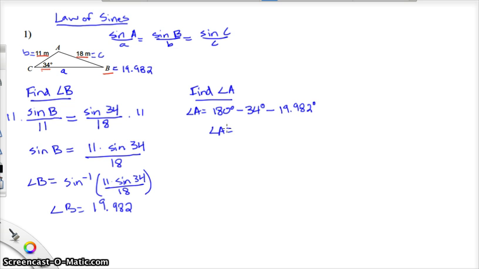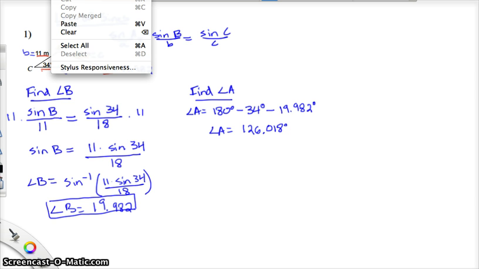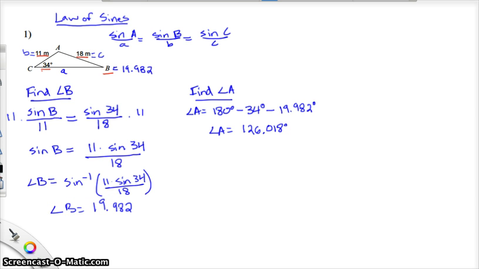So angle A is going to equal 126.018 degrees. So I've now got two of the three pieces I need. I have angle B, I have angle A. So all I need to find is side A.